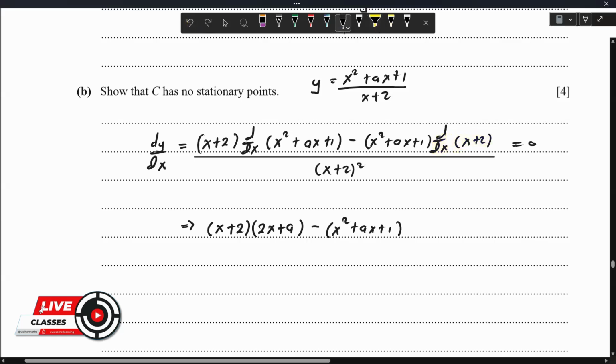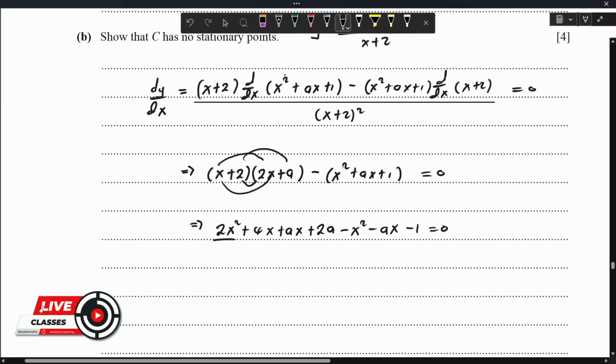So this is all going to be equal to 0. Now we expand brackets here, and we'll be having 2x squared plus 4x plus ax plus 2a, and on this part, minus x squared minus ax minus 1 equal to 0.